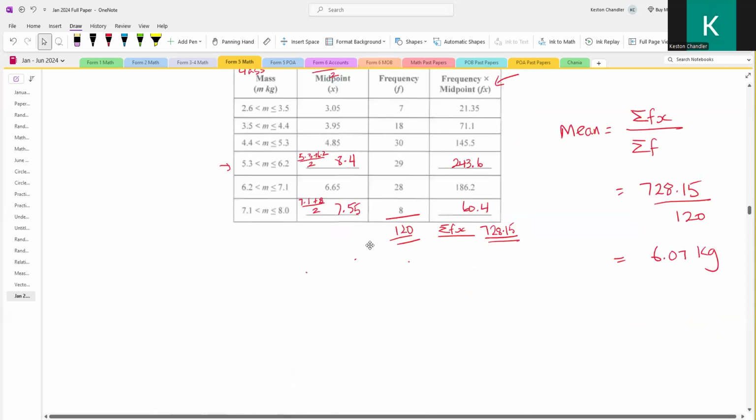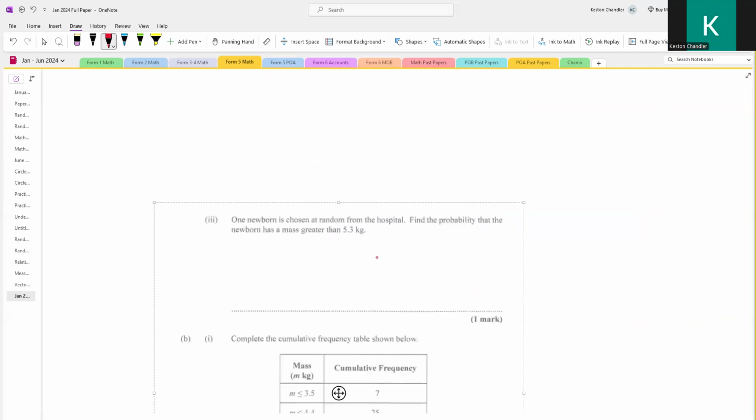Now, probability is always the number of successful outcomes over the number of total outcomes. A successful outcome would be a baby that has a mass greater than 5.3. So they only have 120 babies, right?